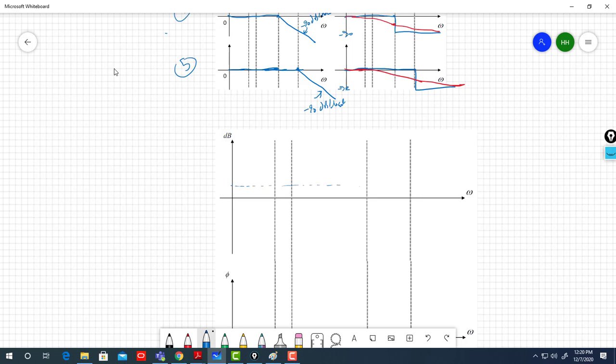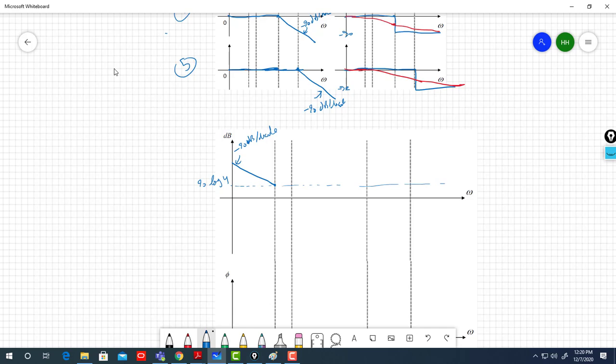Assuming here is the 20 log of 4 at 0.5, and then otherwise it is minus 20 decibel per decade. Okay, so this is at 0.5.